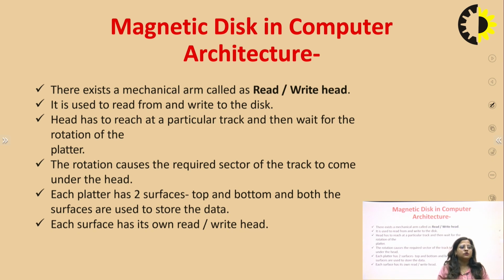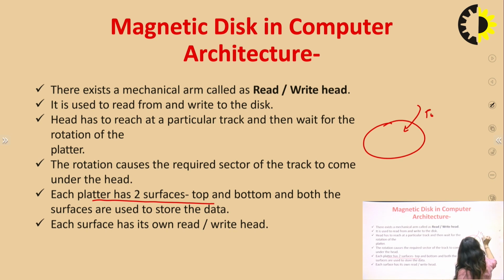The rotation causes the required sector of the track to come under the head. Each platter has two surfaces, top and bottom, so data is stored in both directions.